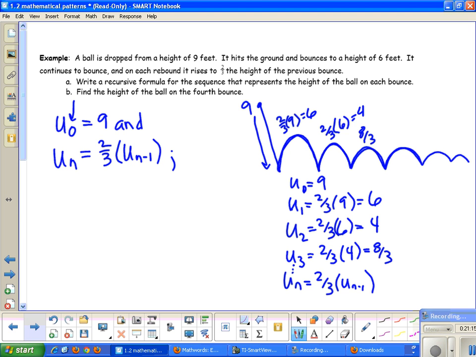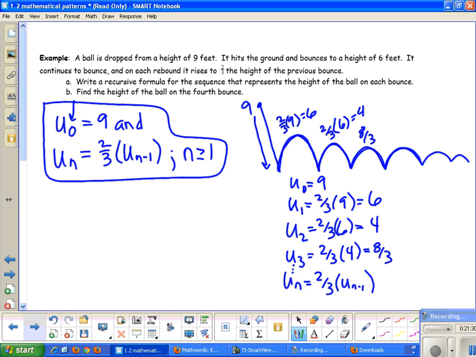And because now we're starting off with u sub 0, n has to be greater than or equal to a value, instead of 1 or 2, it would be 1. So we can find our first term. So this would be my recursive form.